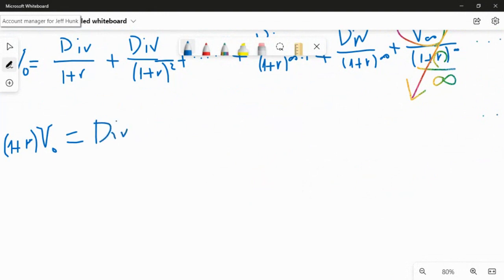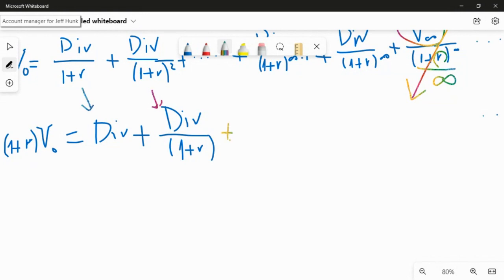Why? Because you multiplied by 1 plus r, and the 1 plus r in the denominator and the 1 plus r that is multiplied will cancel out. And the second term will become dividend over 1 plus r, right? You all understand, because by multiplying by 1 plus r, we'll have a cancellation.